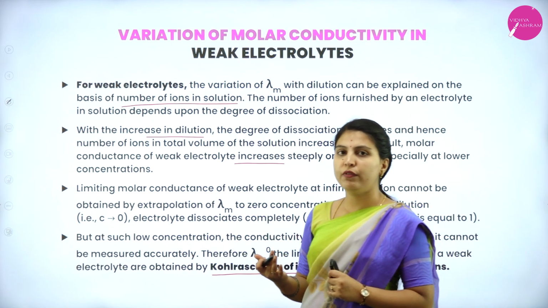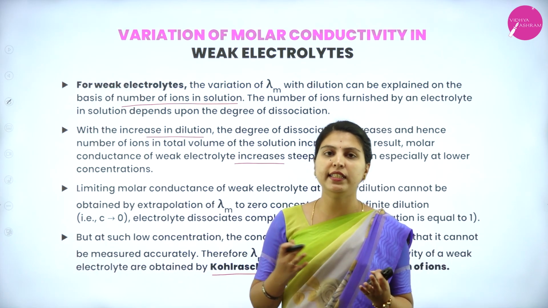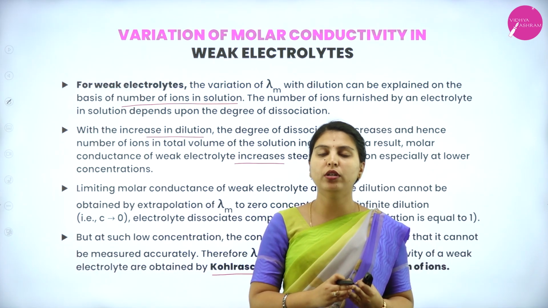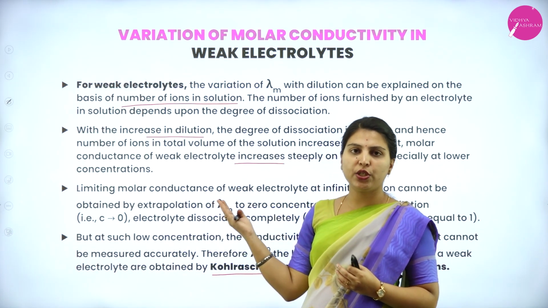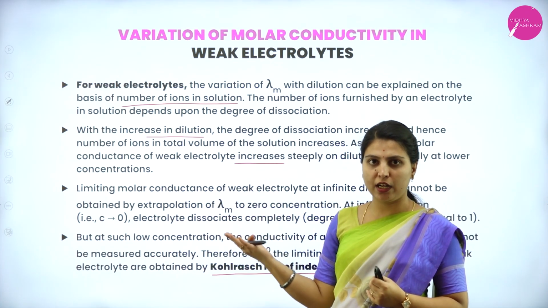In strong electrolytes, interionic attractions are more, and in weak electrolytes dissociation is more.